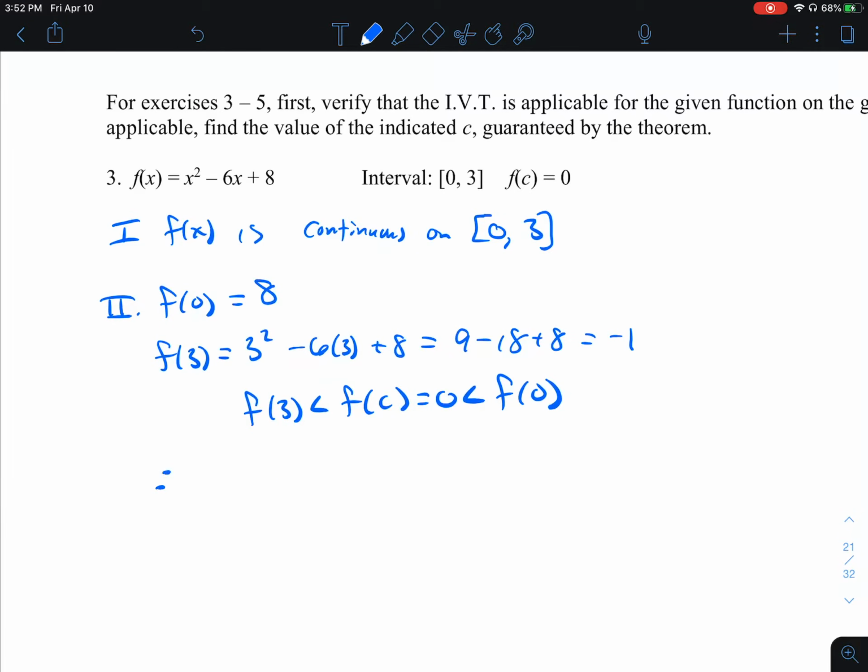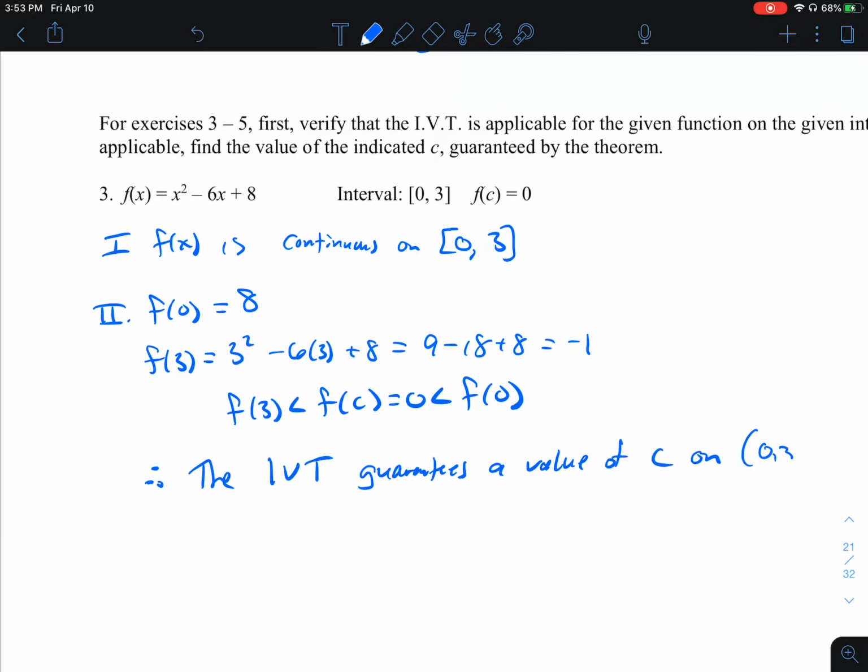So our conclusion then is, therefore, the intermediate value theorem guarantees a value of c on the interval from 0 to 3 such that f of c equals 0.